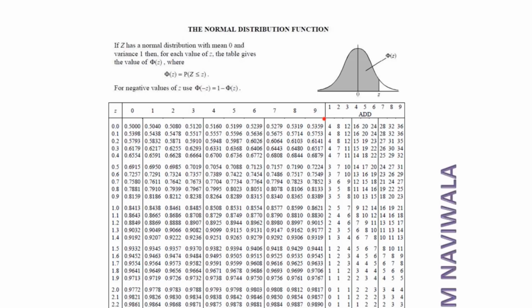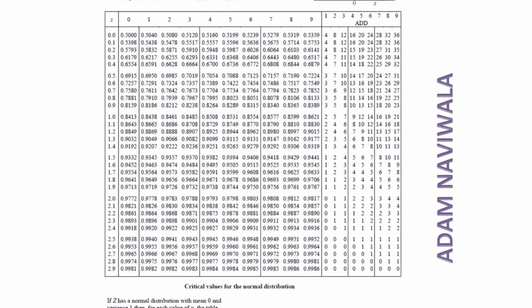This central region gives you the probabilities. If you look at the table, it goes up to a z value of 2.9, and these are the probabilities written in the center. The minimum probability over here is 0.5.